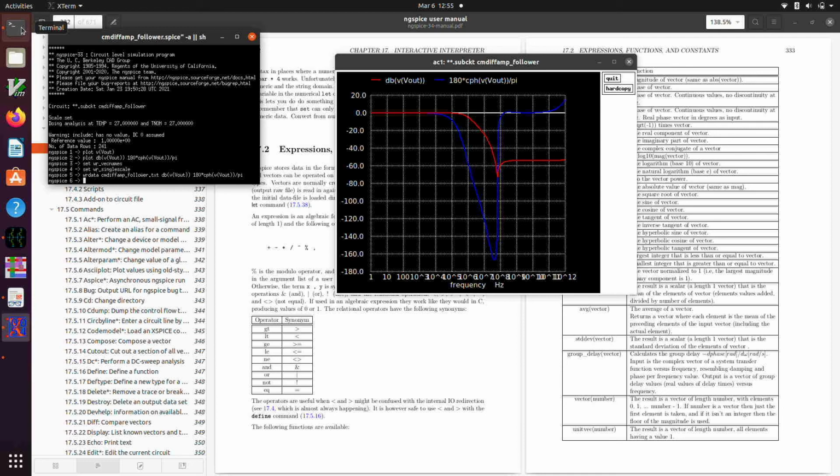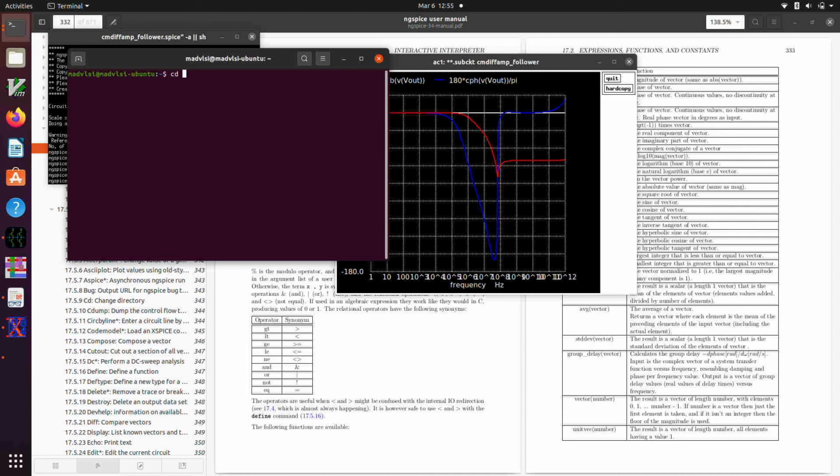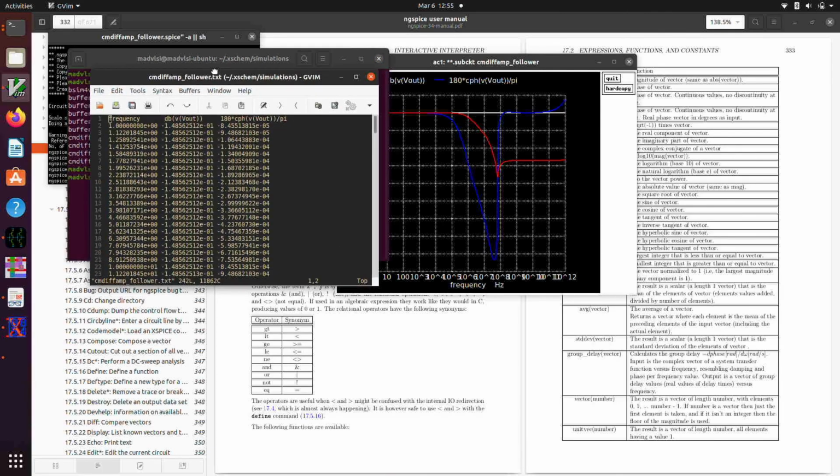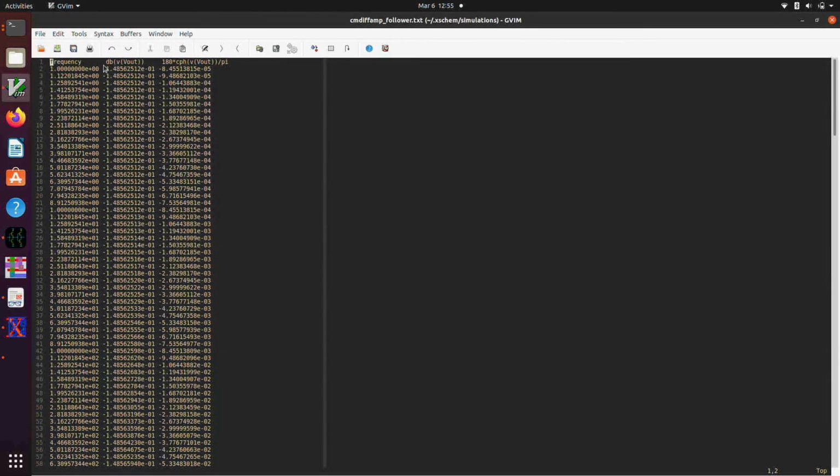And if we go out here, we go into .xschem simulations, we should find our text file here. And if we do gvim cm_follower.txt, you can see that the columns have been labeled with frequency and then dB of V out and the phase here.